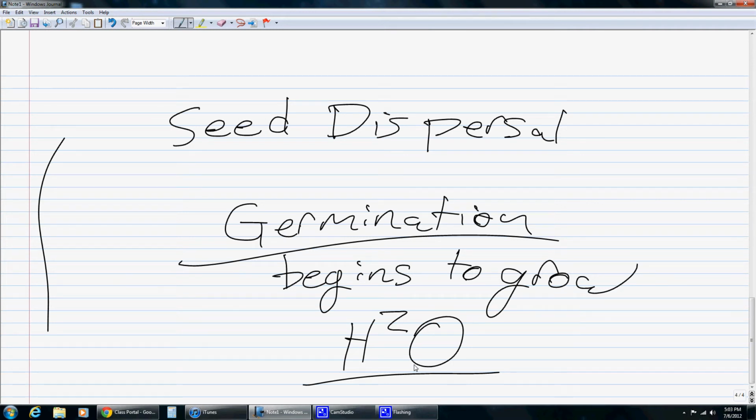If it germinates too late, it's already lost out on the competition for food, for light, and for a place to actually grow. So it uses H2O, the amount of rainfall, because it rains a lot more in the spring, as a signal for when it should start to germinate. And we'll talk about that more in class again.